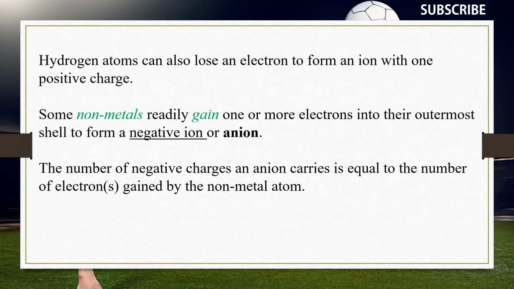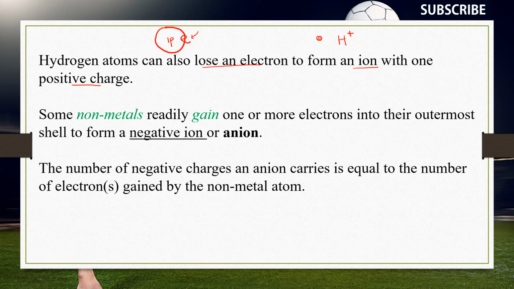We can't forget talking about a hydrogen atom. A hydrogen atom contains 1 electron and 1 proton in the nucleus. Usually it can lose an electron to form an ion with a positive charge. When this 1 electron is lost, it will only be left with a small positively charged nucleus, and so we can write the symbol of the ion as H plus because it has 1 proton and 0 electrons.